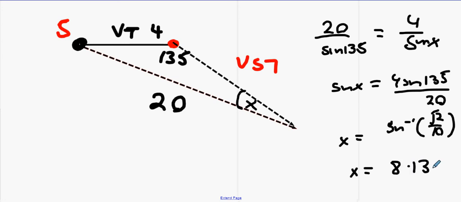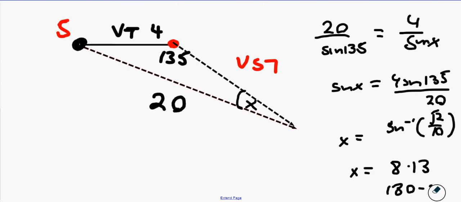Now, not to overcomplicate things, do you know when you sine inverse something, it can sometimes be the obtuse angle as well? Why is the obtuse angle ruled out here? Why can't it be 180 minus 8.13? There's already a 135 there, isn't there? Okay, so you can rule that out. Don't need to worry about that.